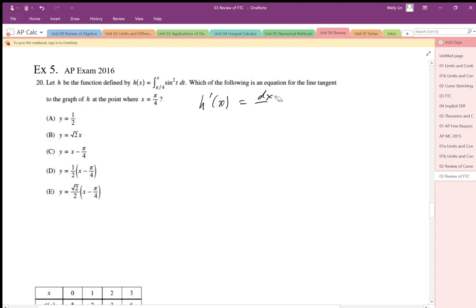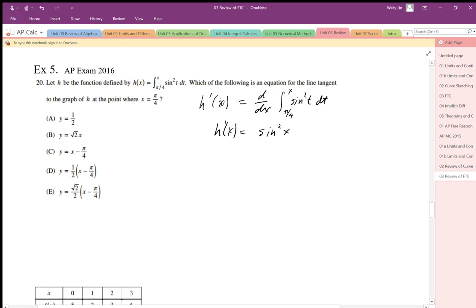Although we cannot integrate sine squared, we can say that the derivative of this expression is equal to sine squared of x. Okay, so there's our h prime expression.